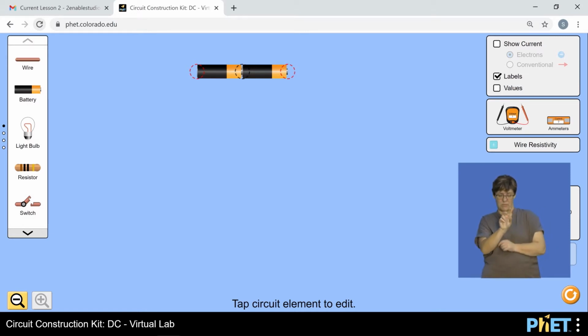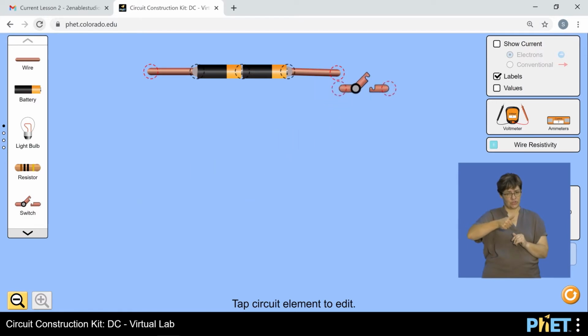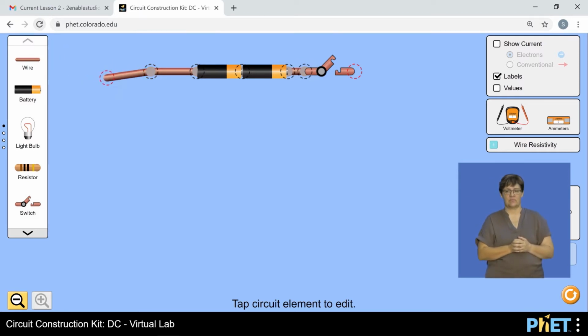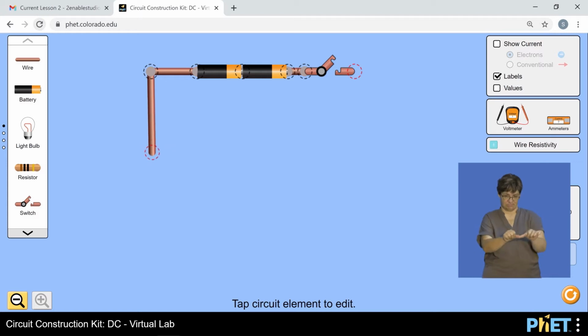Now, we've got conducting wires, okay? These are materials that allow electric charge to pass through them, okay? We will connect another one to the opposite terminal of the battery, right? And then we can have our switch. We will use the switch to complete or break the circuit, depending on whatever we need to achieve, right? Okay, we still have our conducting wires, which most probably look like copper wire, okay?